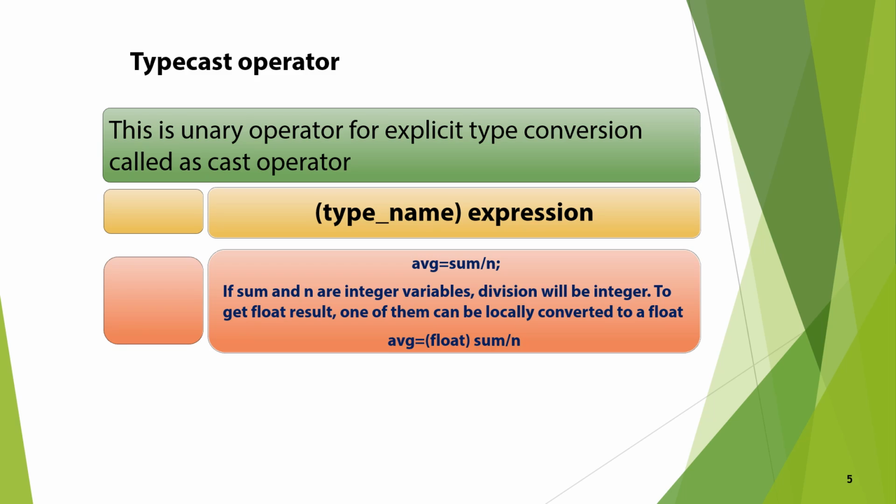But if we want to display an accurate result, or if we want the answer in float, then one of them should be locally converted into float so that we get the answer in float. So we can write average is equal to, in brackets the data type in which we want the answer, followed by the expression sum divided by n, so that the answer will be displayed in float.